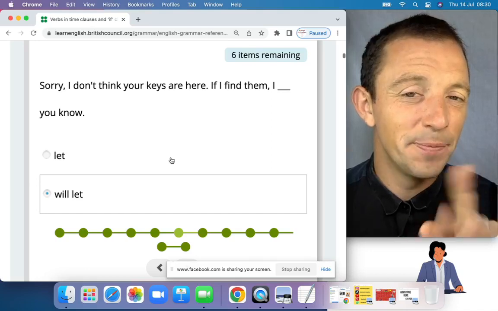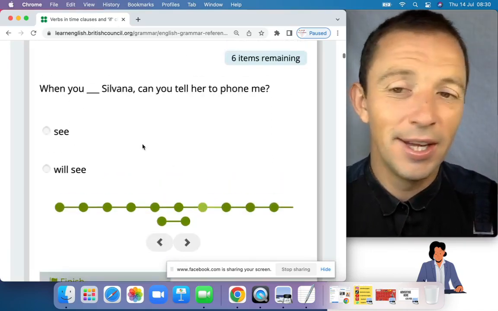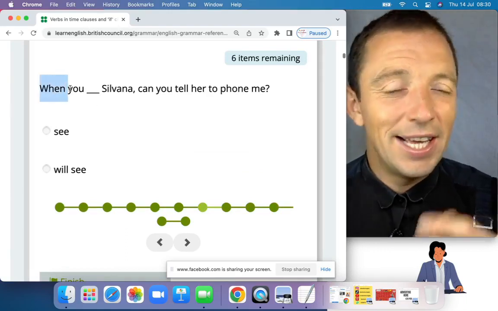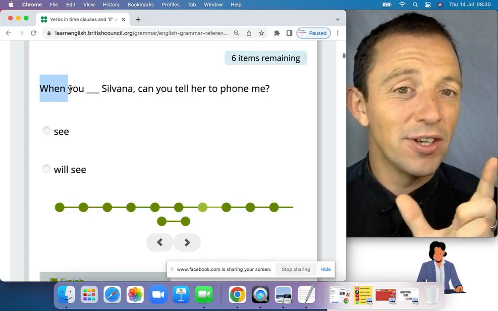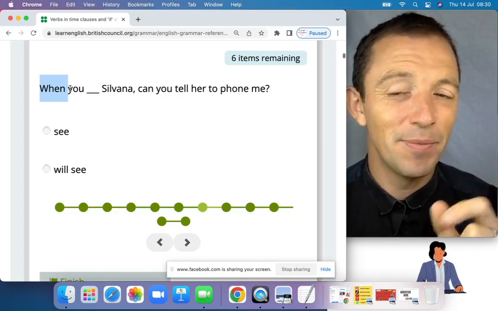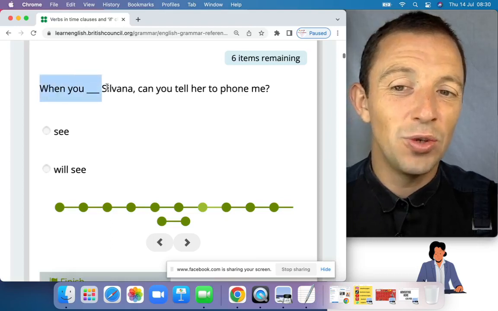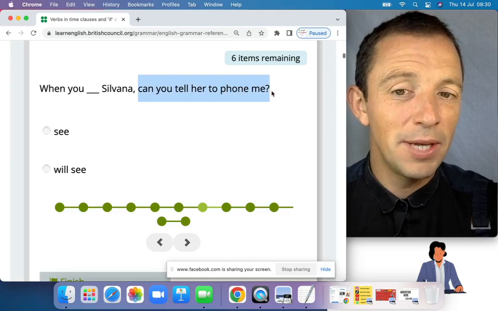You understand? More or less? Okay, let's continue. When is a typical word we use to indicate the time clause. And you remember the rules for the time clause and the conditional clause. So when you see Silvana, can you tell her to phone me?